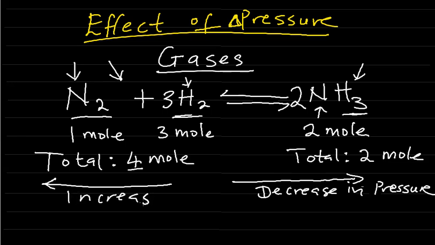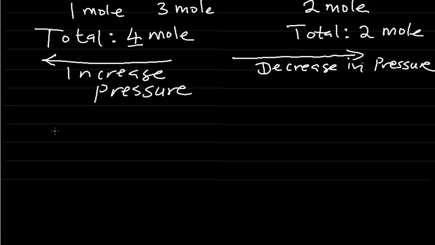So having understood this, it is very easy to know exactly how the equilibrium will react anytime there's an increase or decrease in pressure. Let's look at a situation where there's an increase in pressure.